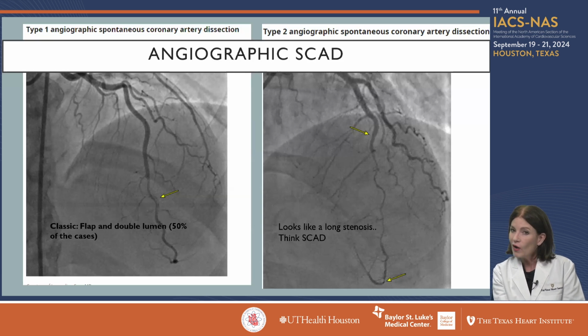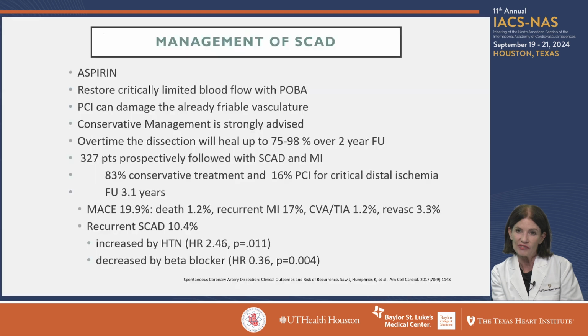Unfortunately, on the right, you have about 50% of the cases that have a long stenosis where you don't see the double lumen, but you see a very long tubular stenosis, and then you see reconstitution of the artery distally at a similar size as the earlier artery segment. And this should provoke you to think that this really is SCAD, especially in a woman or in a man with no traditional cardiac risk factors.